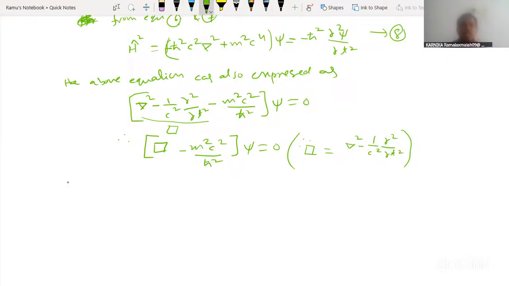The total value is the square box minus m²c²/ħ², into ψ equal to 0. This is called the Klein-Gordon equation, finally.